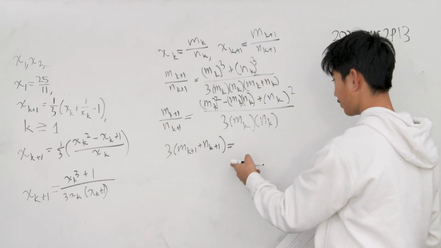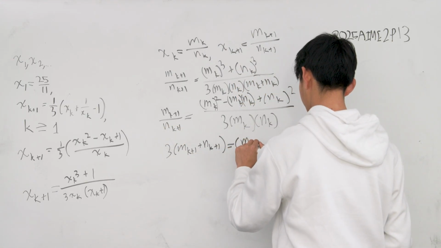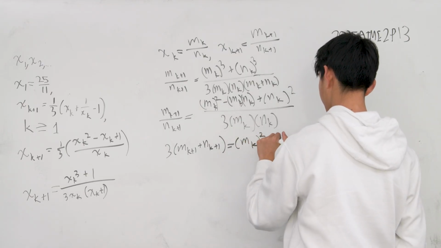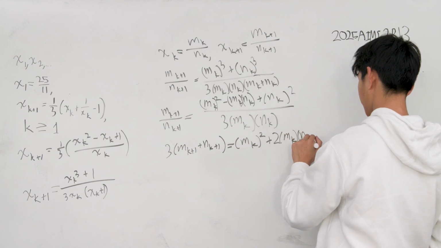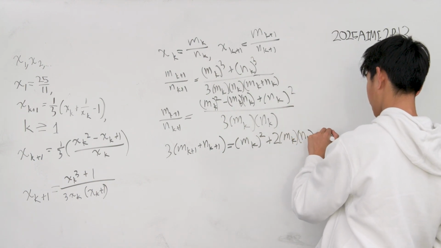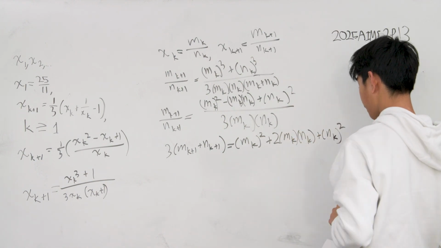This is equal to m sub k squared plus 2 times m sub k n sub k plus n sub k squared.